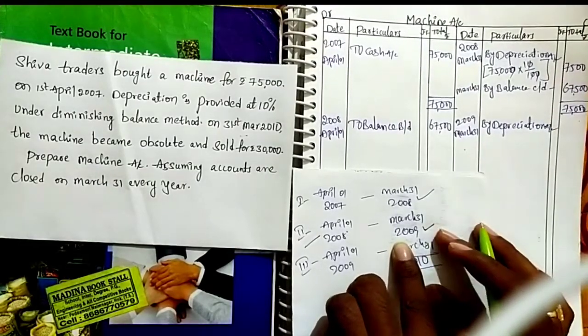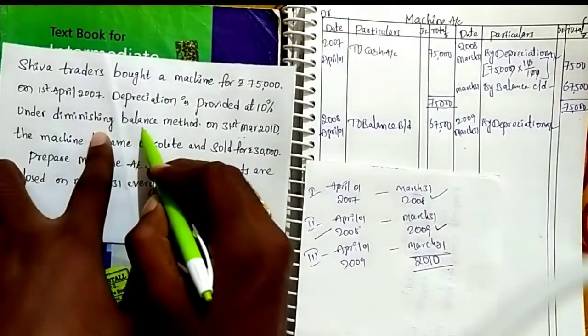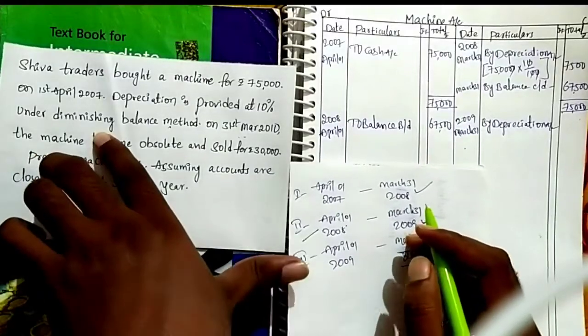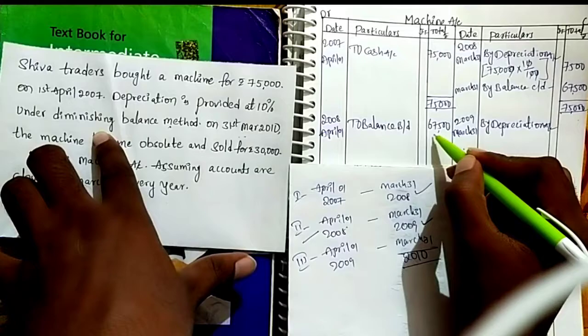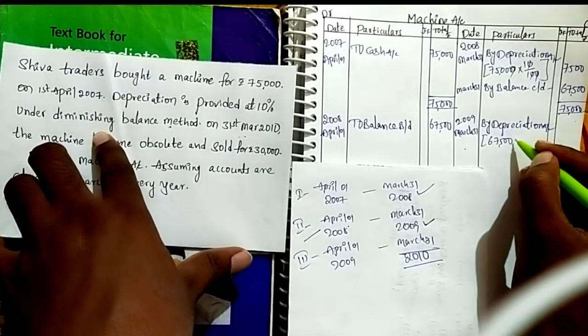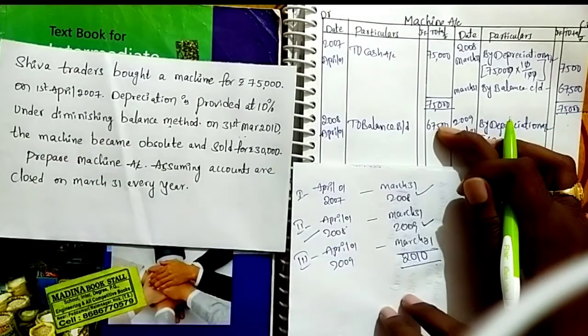This depreciation is charged at 10% under the diminishing balance method, meaning depreciation is calculated on the reduced value. See this, what is the reduced value? 67,500.